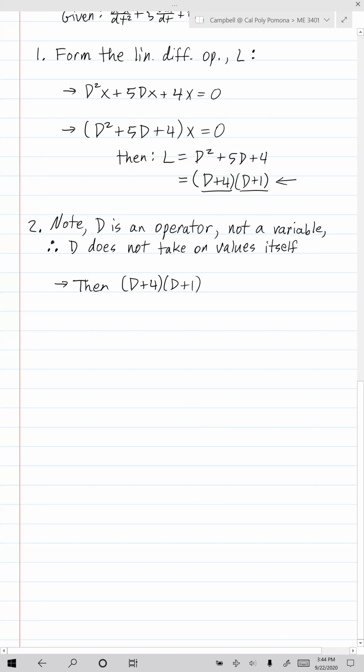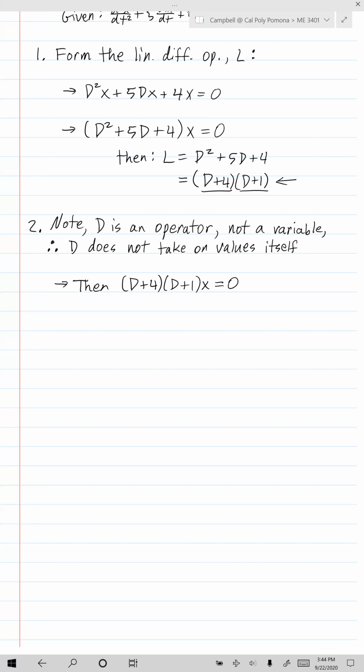So let's go ahead and express the linear differential operator as D plus 4 operating on D plus 1 operating on x equal to 0. Now, we can recognize that if this was our characteristic equation, we would have 2 distinct real roots.